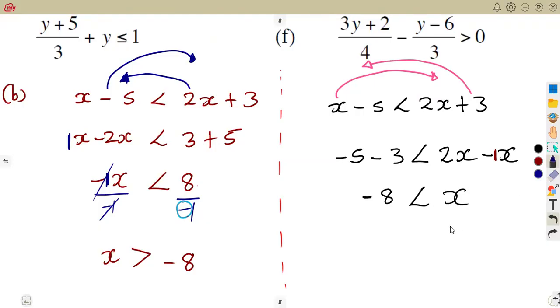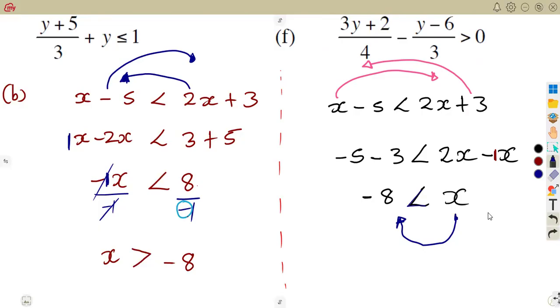Let's read this from the side of x. X is what to minus 8? X is greater than, bigger than. Look, x is the one that is pointing. X here is pointing to minus 8. So it means x is bigger than. You cannot point at someone that is bigger than you.